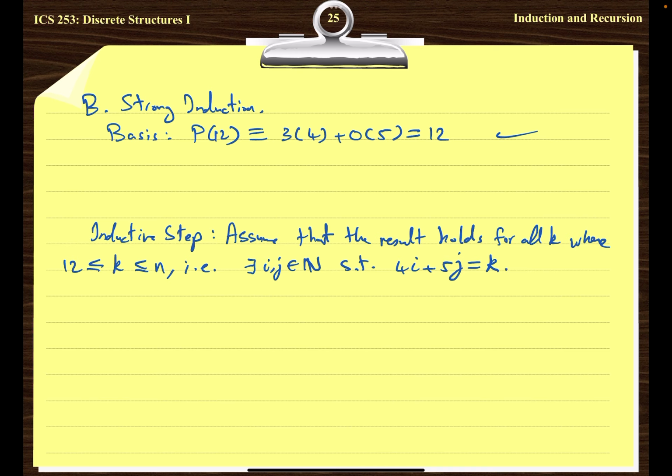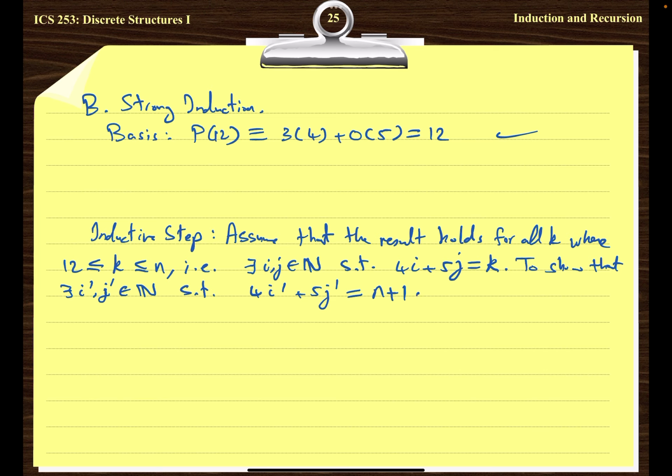What do I want to show? To show that there exists i prime, j prime, natural numbers, such that 4i prime plus 5j prime is equal to n plus 1. Or to show that the result holds for k equal n plus 1. Okay, I didn't write it here, but you already know it.